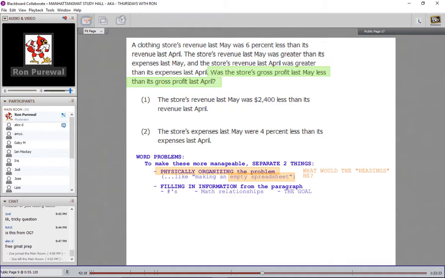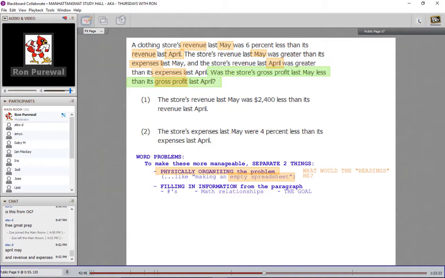No figures yet, no formulas, just headings. So you're going to have an April and a May, and then you've also got three quantities: revenue, expenses, and last but not least, profit. So that's got to be in there somewhere too.